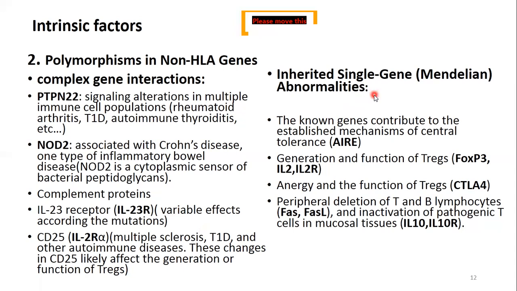There are simpler genes, which are called Mendelian abnormalities. For example, a problem in this gene, AIRE, which is associated with the established mechanism of central tolerance, will lead to autoimmune disease, and also FOXP3, interleukin 2 receptor alpha, CTLA4, Fas and Fas ligand.